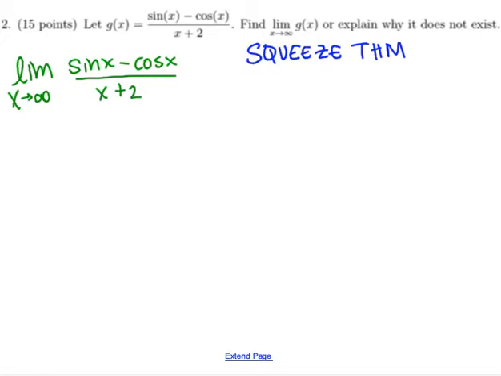Typically, when we do the squeeze theorem, it's just a sine or a cosine. This one has sine and cosine mixed together. So let's just think about if there was only a sine. Who can you typically squeeze sine in between? Who do we squeeze it in between on the notes and the homework?